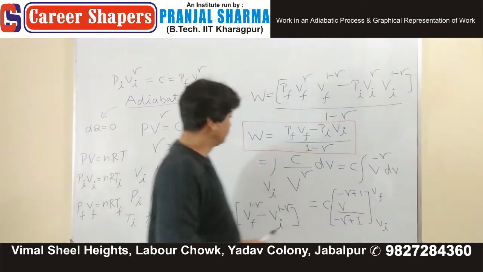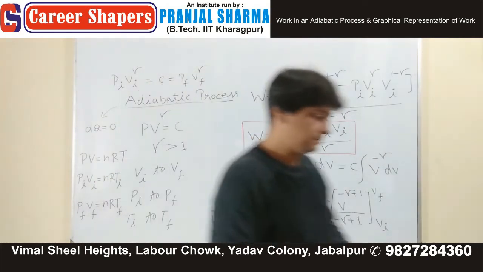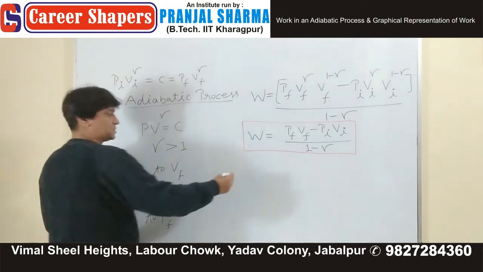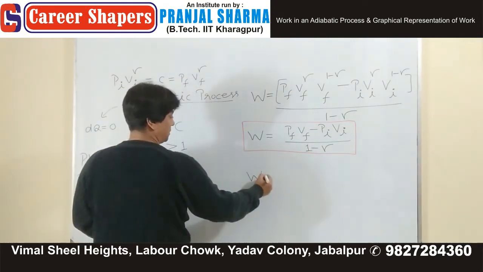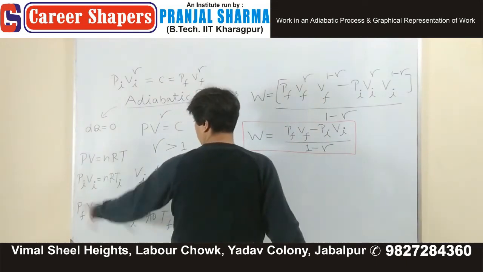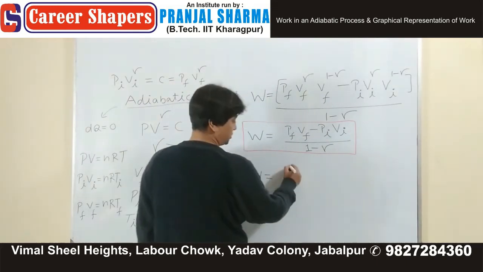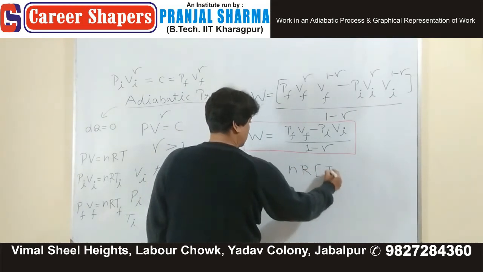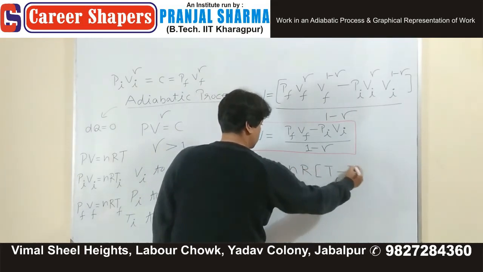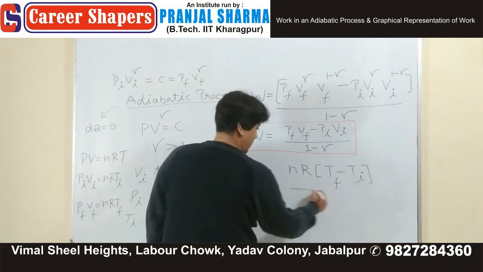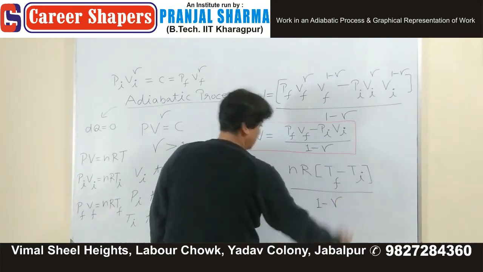That means this number is now P final V final minus P initial V initial, which is nR, T final minus T initial, divided by 1 minus gamma.